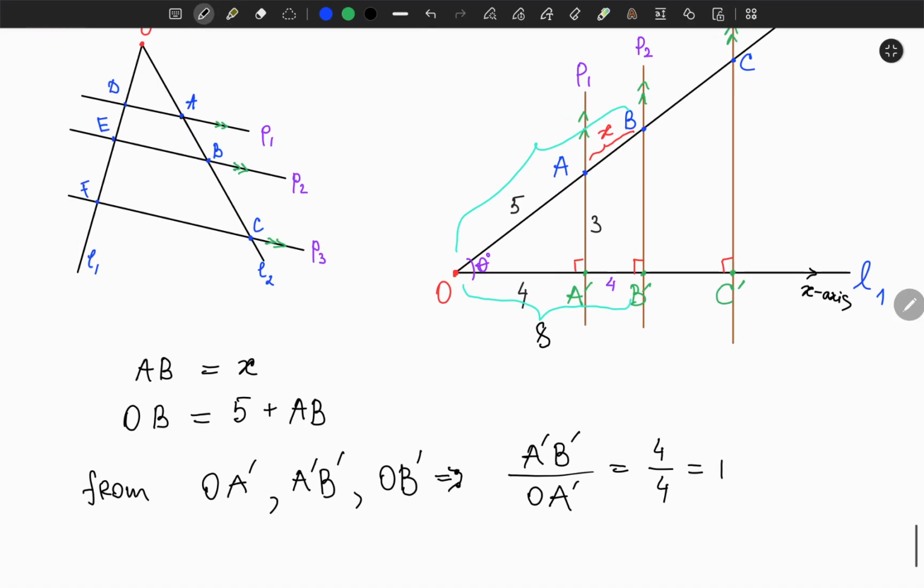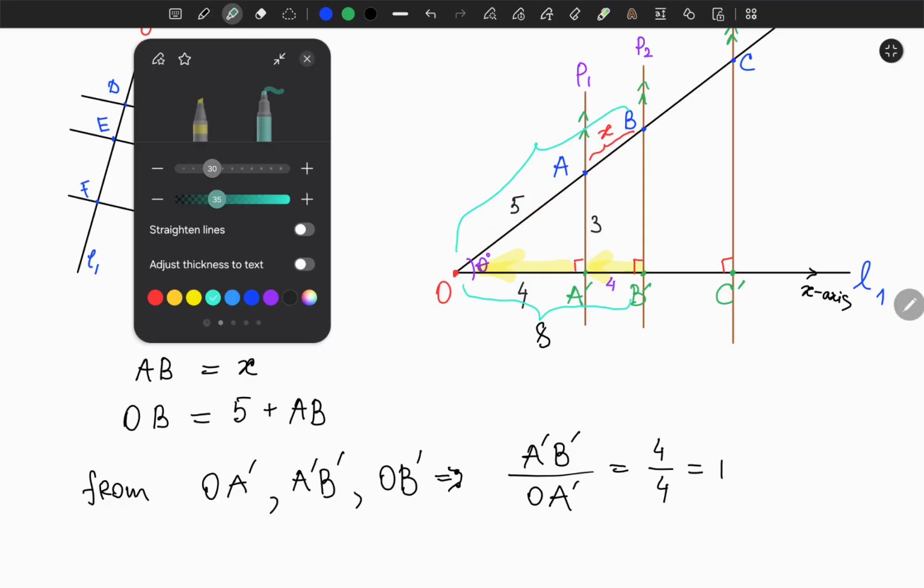Important fact, where do we start? We start from this side. So same story, from AB to OA, we have to come up.